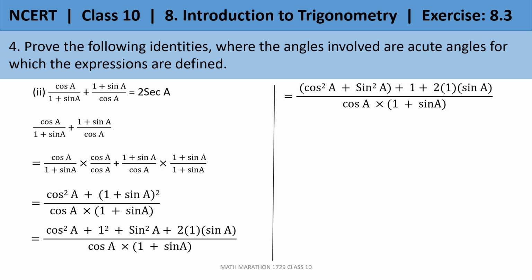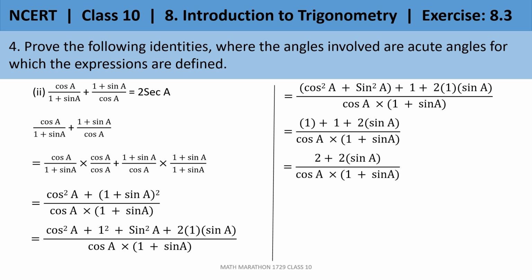We know that sin square A plus cos square A is equal to 1. Is equal to 1 plus 1 plus 2 multiplied by sin A divided by cos A multiplied by (1 plus sin A). In numerator, we have 2 in common. Is equal to 2 multiplied by (1 plus sin A) divided by cos A multiplied by (1 plus sin A).